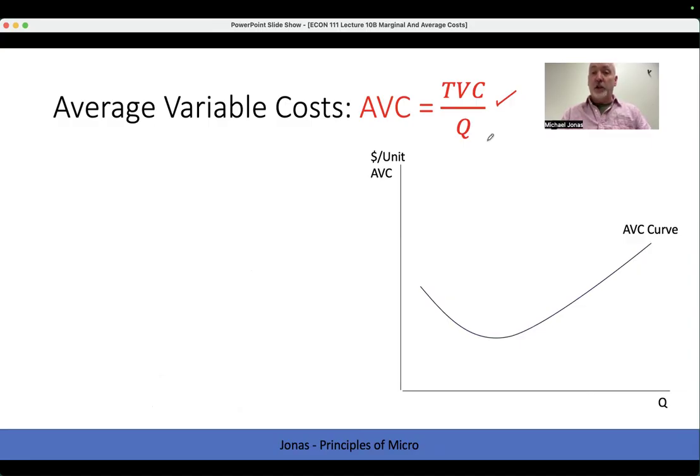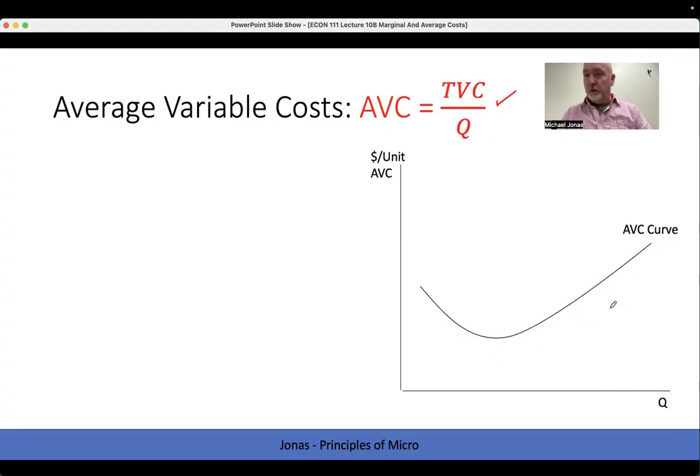It's, of course, changing as output changes because when you produce more, you need more labor. You need to hire more labor. When you produce less, you can let labor go. And that relationship between how labor costs change with output, well, it depends on how much output you're getting per dollar spent on labor, which is the labor productivity.